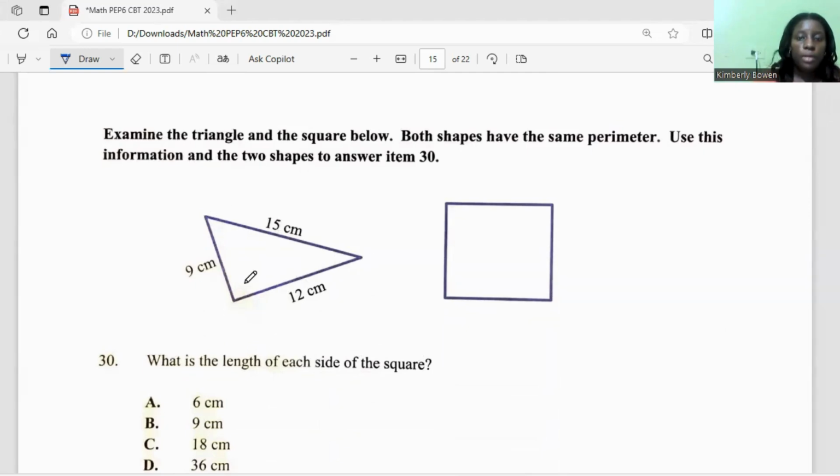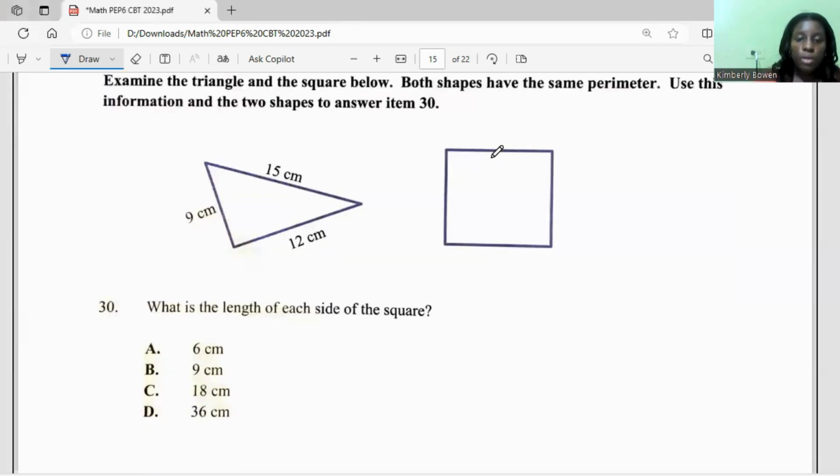So let's check this perimeter here, 15 plus 12, 27 plus 9, 36. Oh, let's see. If the perimeter is supposed to be 36, the length of each side is 9, because 4 times 9 is 36.